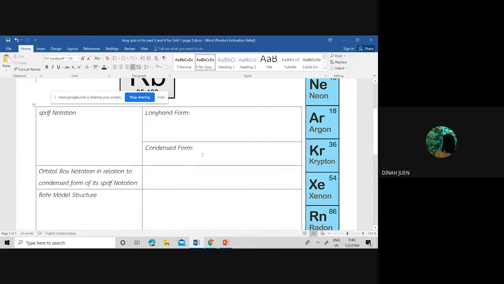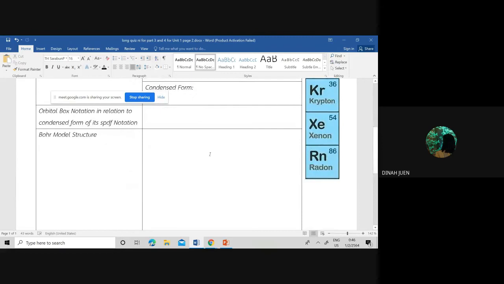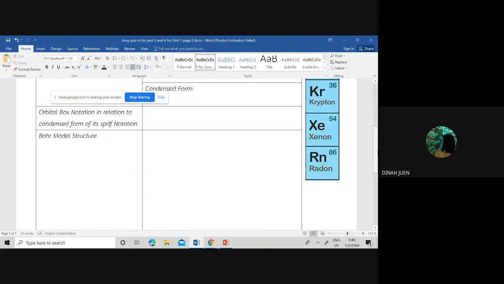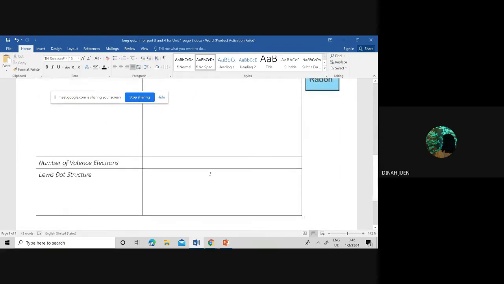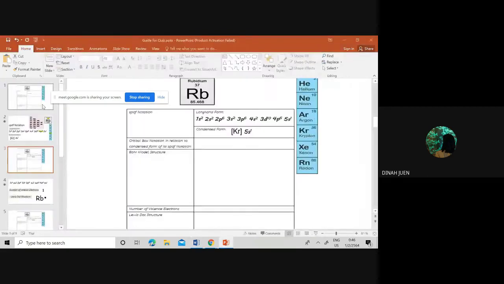The third one that you need to do is to draw the Bohr model structure of rubidium. The fourth one is to write the number of valence electrons this element has. And the last one is to show me the Lewis dot structure. So without further ado, let's start on how to do it.